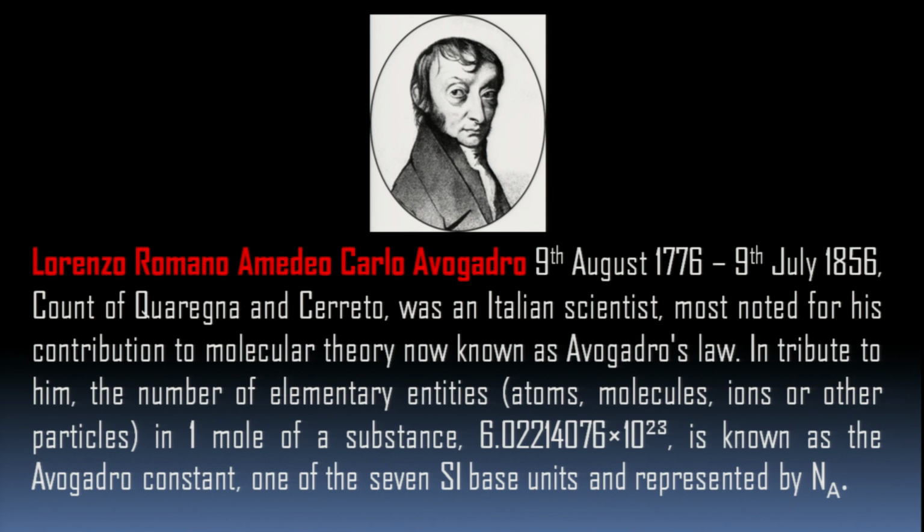In tribute to him, the number of elementary entities, meaning number of particles like atoms, molecules, ions, all other particles, in 1 mole of a substance, that is 6.022140076 into 10 to the power 23, is known as the Avogadro constant. One of the 7 SI base units, represented by capital N with a subscript A.